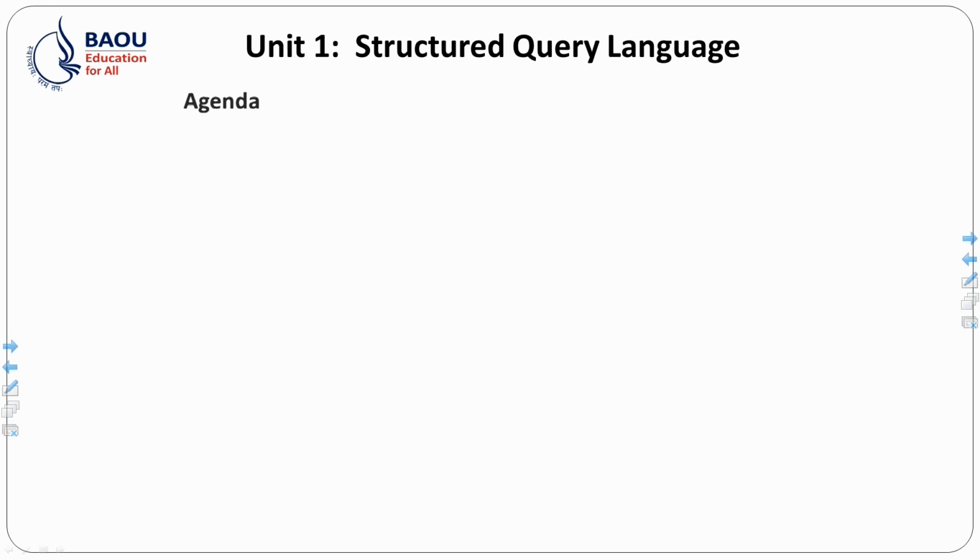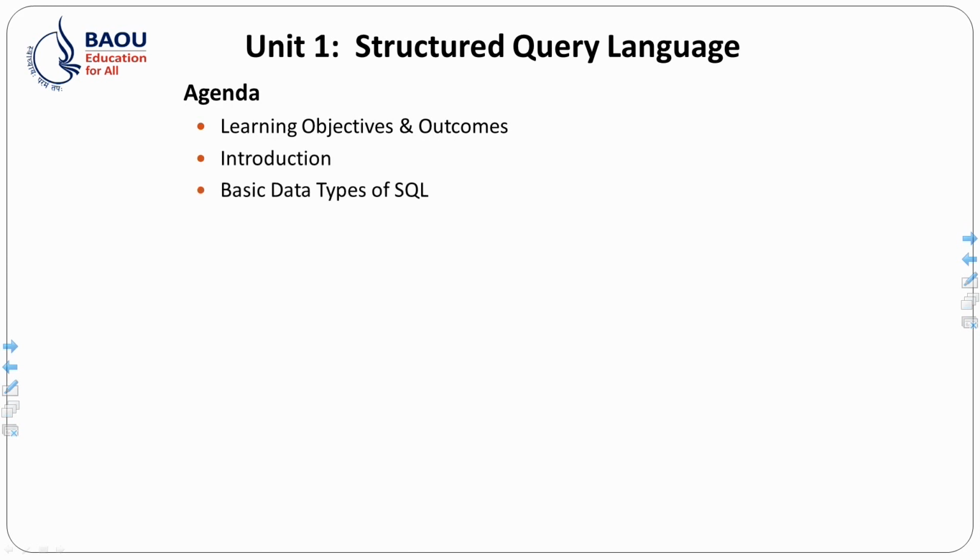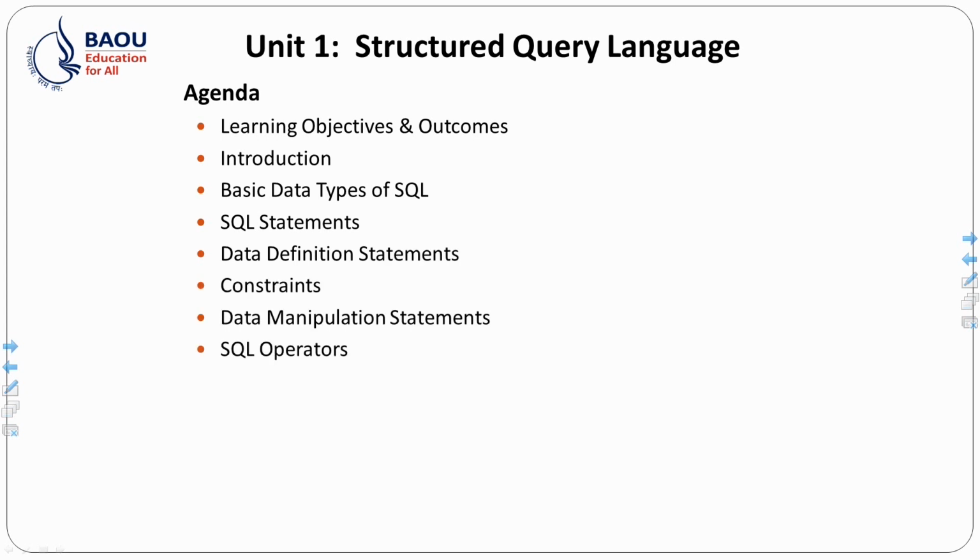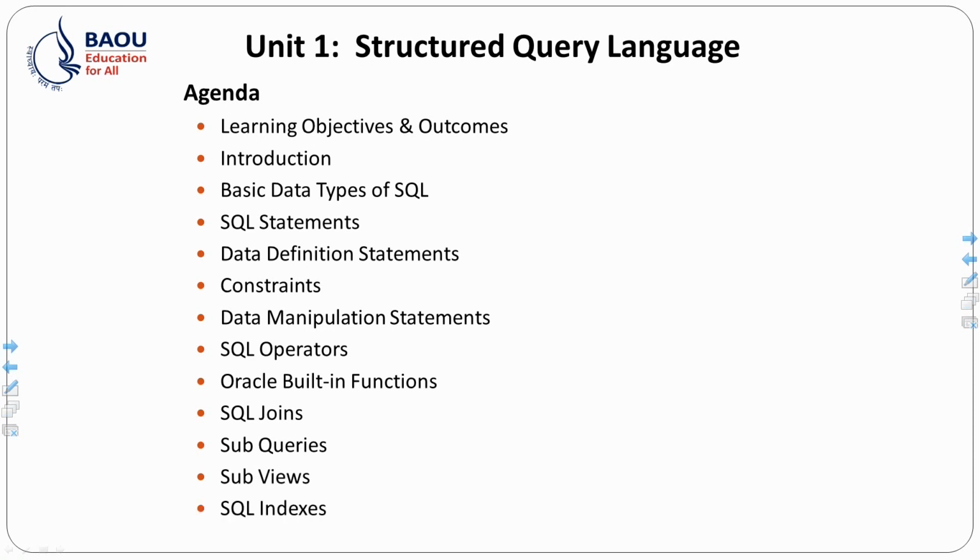First of all, we see the agenda of Unit 1: the learning objectives and outcomes, introduction, basic data types of SQL, SQL statements like DDL, DML, DCL, TCL, etc. The data definition statements like table structure related commands, for example, create table, alter, drop, rename, etc. The constraints like primary key, foreign key, check constraint, null and not null constraint.